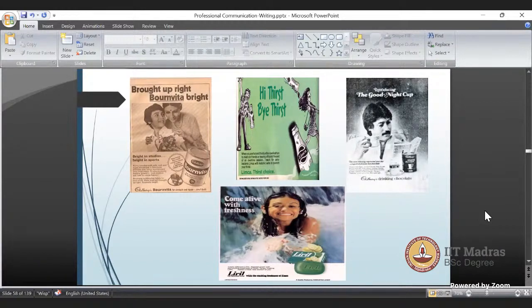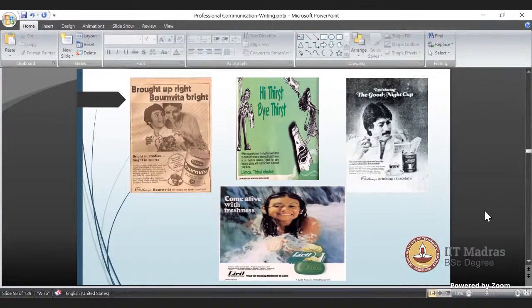But the problem here is that when you look at a good sentence in English, it needs to have a finite verb. And that is also missing here in this particular Liril ad, right? So look at it. It is mimicking an imperative sentence, wanting to imitate the tone of a command or an instruction.